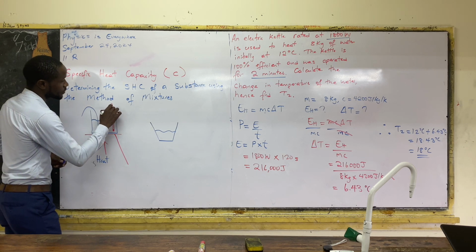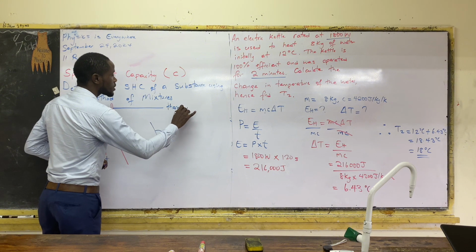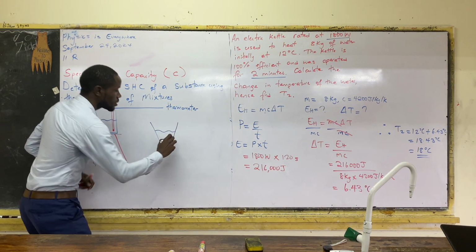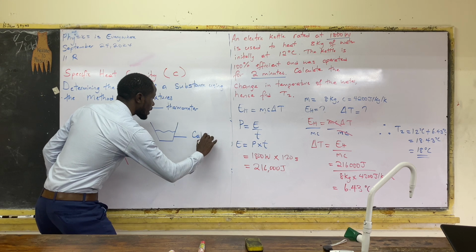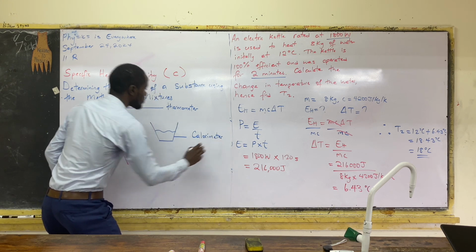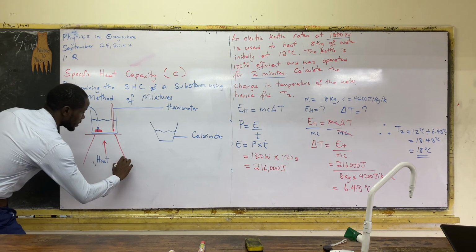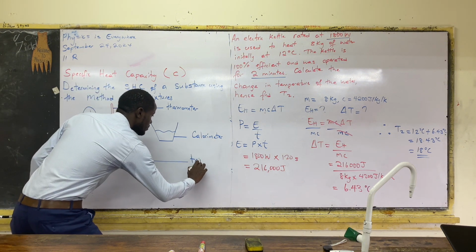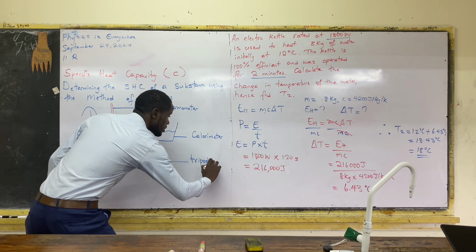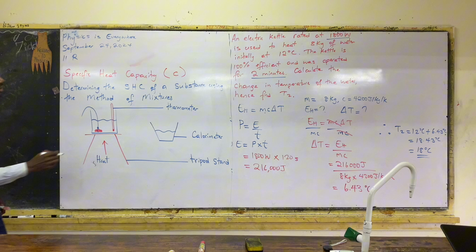Let me label these up for you so you can appreciate them when you look back. Thermometer. All right? So this is a calorimeter. A calorimeter. Right? This right here is our tripod stand. Tripod stand.